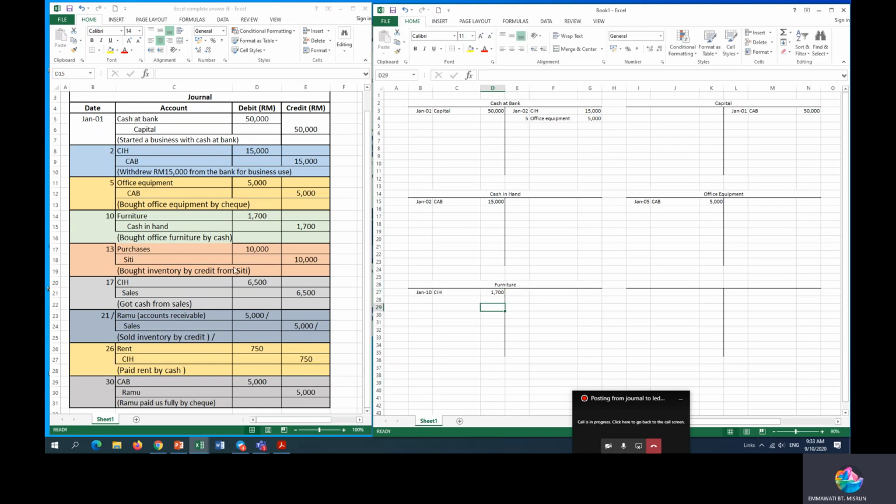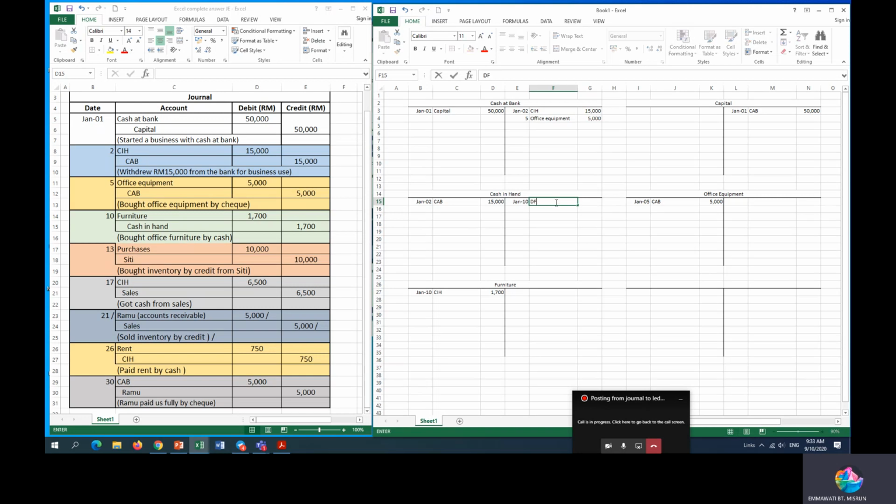Now let's do the credit entry for cash in hand. Since we have debited furniture with cash in hand, next we need to credit cash in hand with furniture. So the date is January 10, same date. So cash in hand is double entry with furniture.